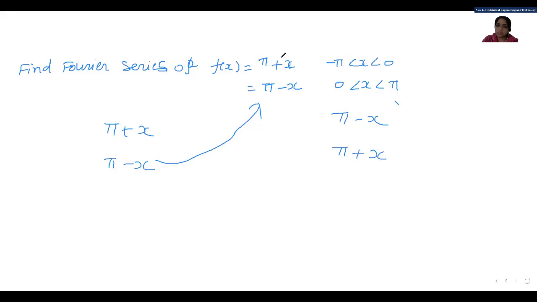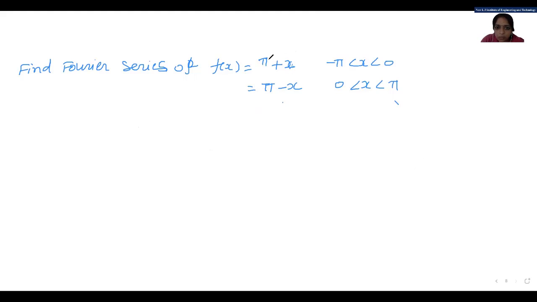When you replace x by minus x in the first function and you get the lower function, or you replace x by minus x in the lower function and you get the first function, then the given function is an even function. This is the trick to check for even functions. I repeat: to check whether the given function is even or odd, it is very easy.